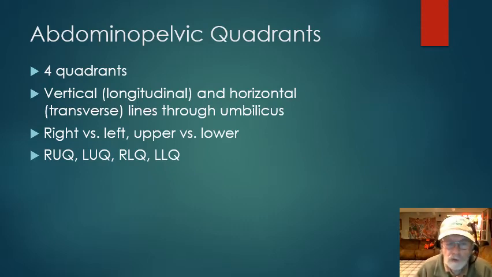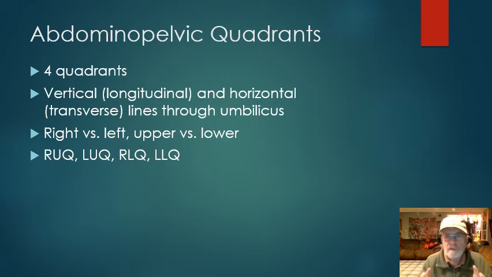Okay, what I want to talk about now are what are called abdominopelvic quadrants. Quad means four. Sometimes we use planes to identify locations and positions of things. We could also use a sort of arbitrary division of the abdomen to decide where these abdominal organs are.